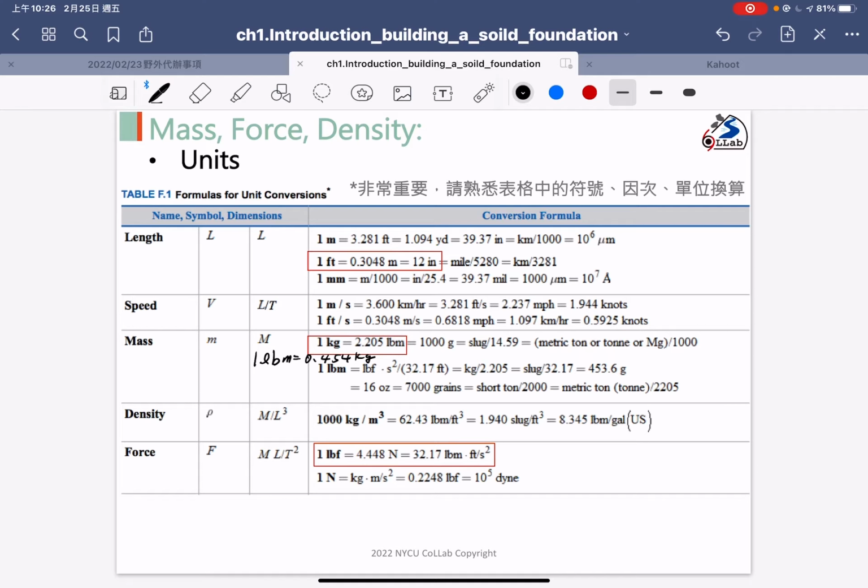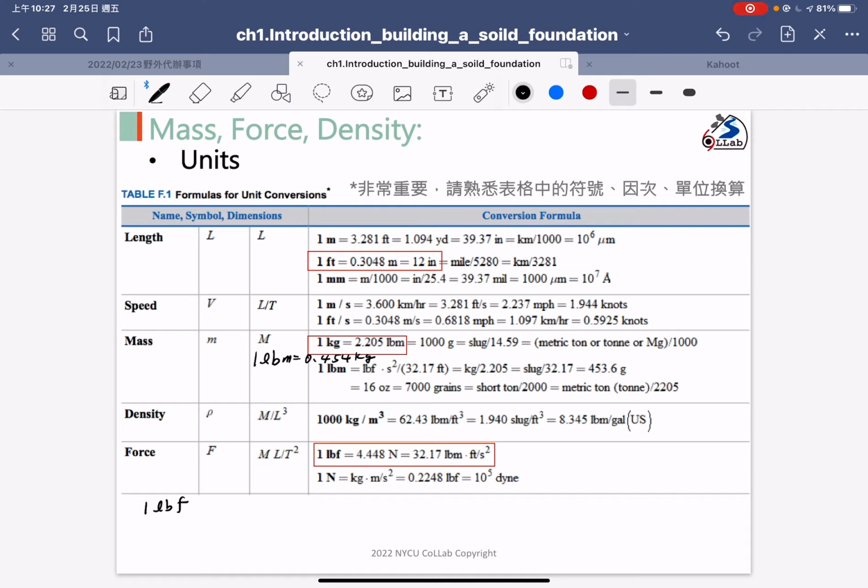Okay, and for me, most important, because in this class we are talking about mechanics. As I mentioned, mechanics is motion associated with force. So the unit of force is quite important for our class. As I show in the table bottom, you see the 1 pound force.